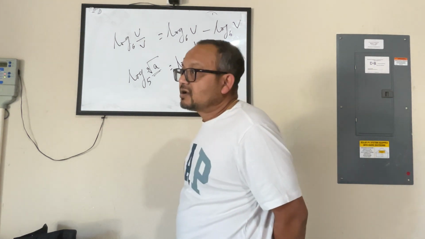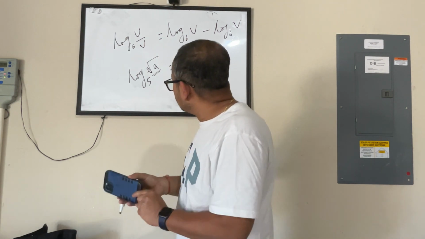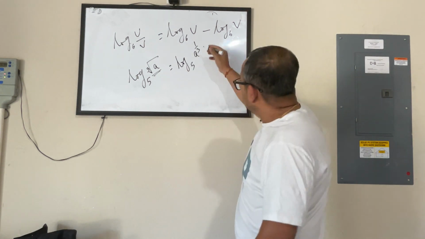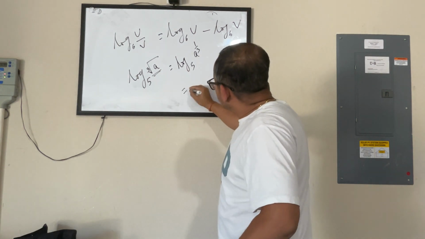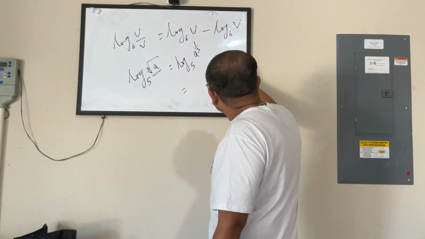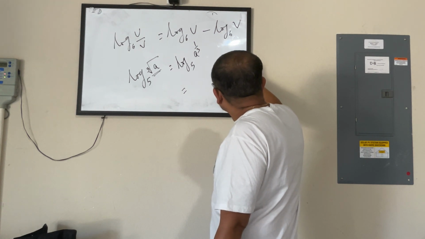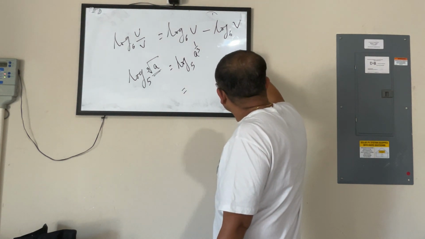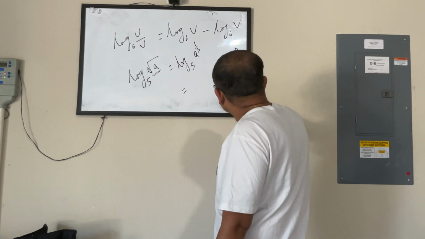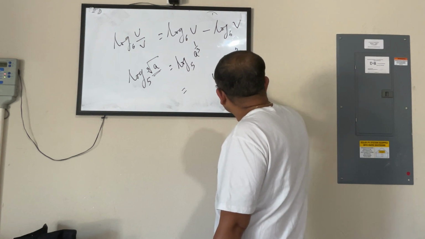Now remember, there is another concept of exponents. If you remember, a cube into a cube into a cube into a cube, if I am doing it, what I can do is a to the power 3, 4 times.